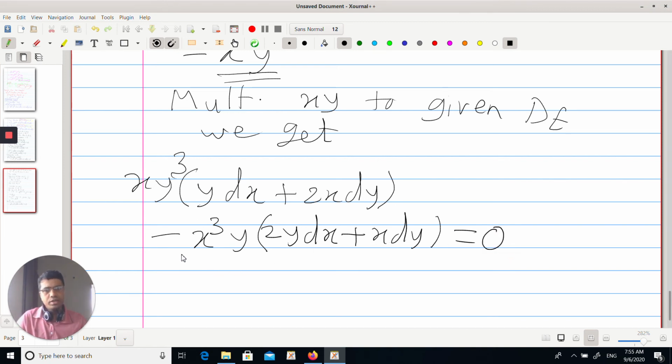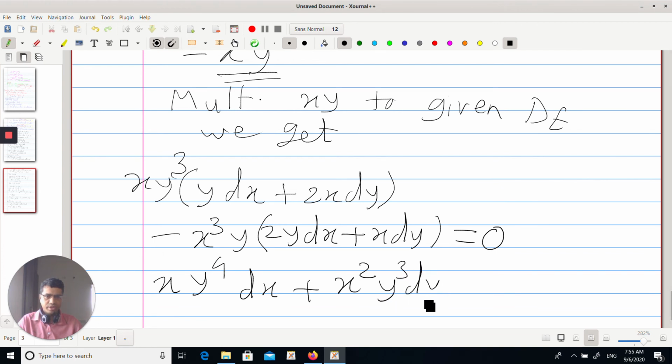Now this equation is exact and we can solve it using any of the methods. We try to simplify this equation. So this is nothing but x into y raised to 4 dx plus 2 times x square y cube dy.